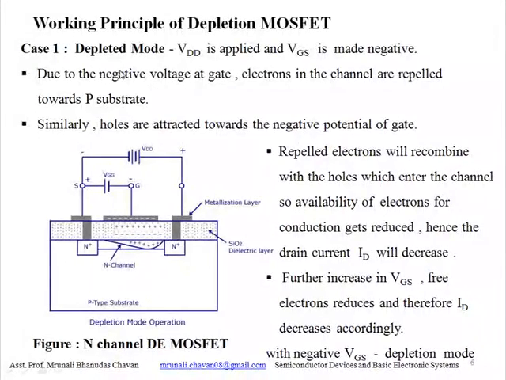Now case 1, that is depletion mode. For depletion mode, VDD is applied and VGS is made negative.